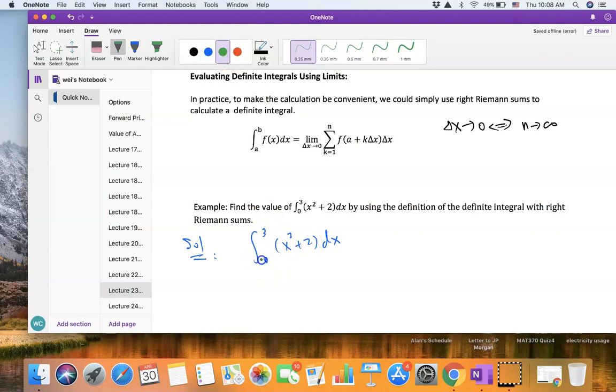If we compare this with this notation, we can see that the 0 is the a, which we call the lower limit or the lower bound of the integral, and the b, we call it the upper limit or upper bound.